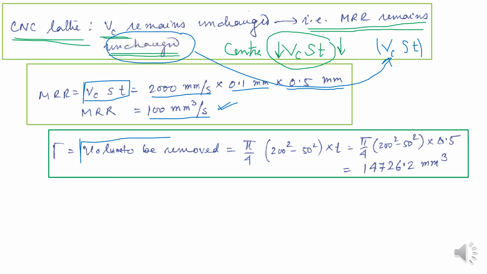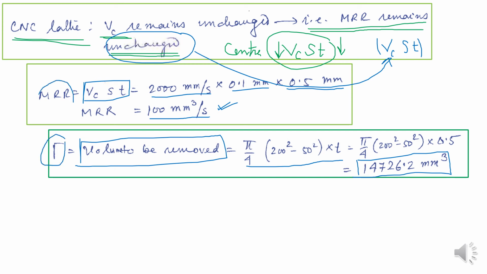Volume of material removed is nothing but pi by 4 into outer diameter d0 square minus inner diameter di square, into depth of cut. So, this is the total material removed, which happens to be numerically 14,726.2 millimeter cube.